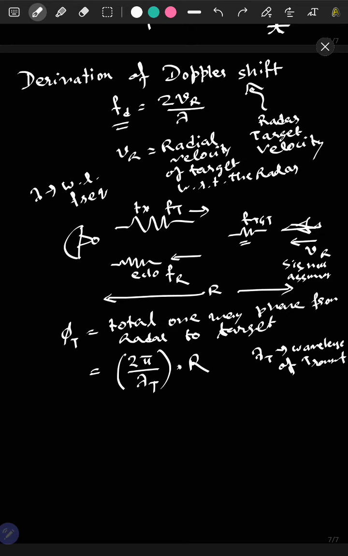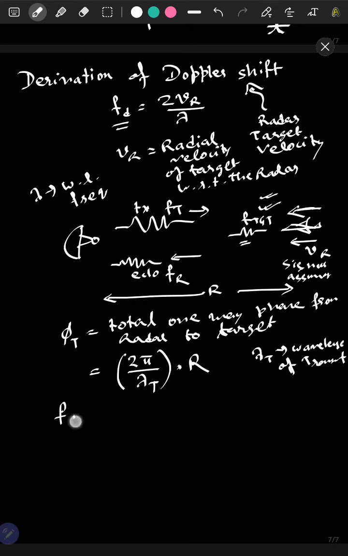Now, F target is the frequency that the frequency meter in the target is seeing. But if your target is moving, then this F target value will also be changing. How?